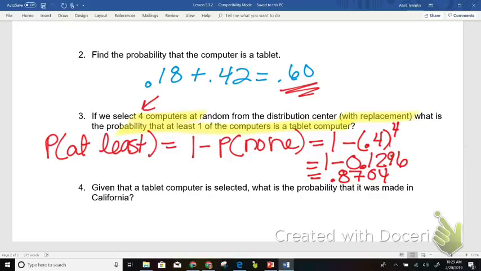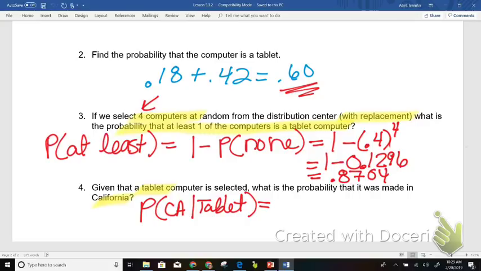Now for this last question here, I want to know, given the probability that the computer that I picked was a tablet, what's the probability that it was made in California? So given that it's a tablet, what's the probability that it's made in California?